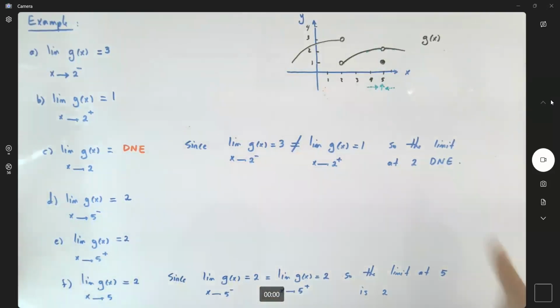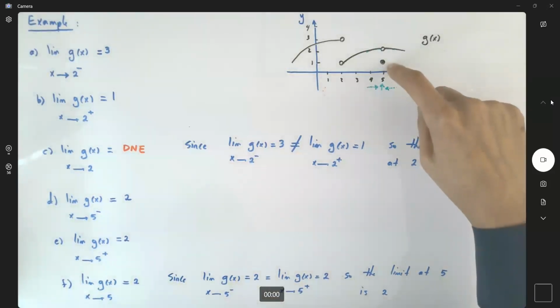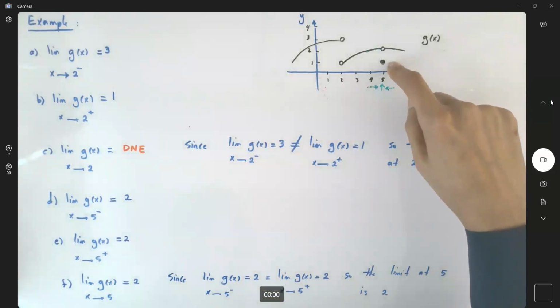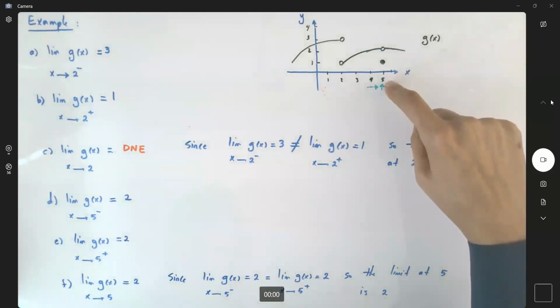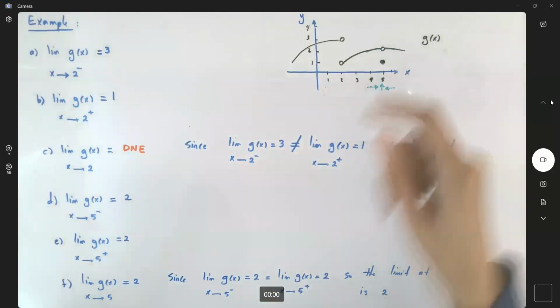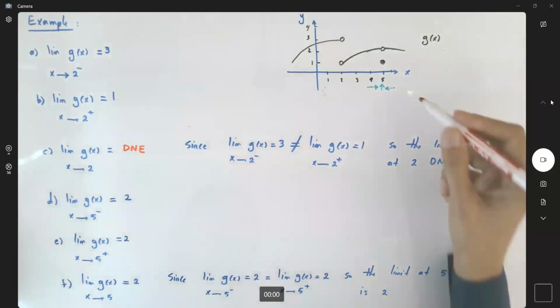Just a quick observation. You might say, hey, then what is this dot here? This is the output value of the function when x is exactly 5. So you're going to write it this way.